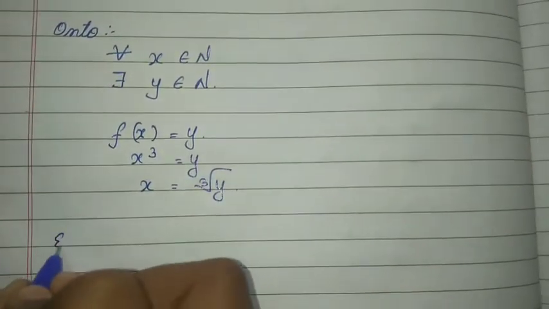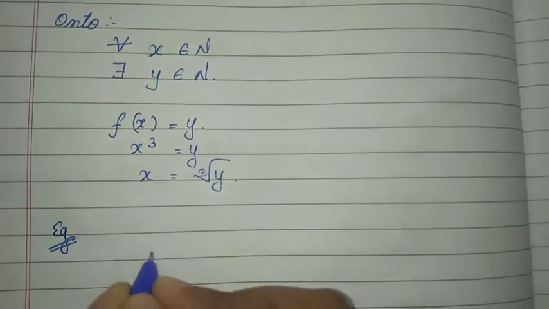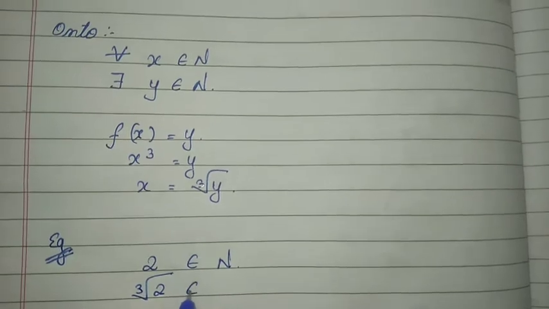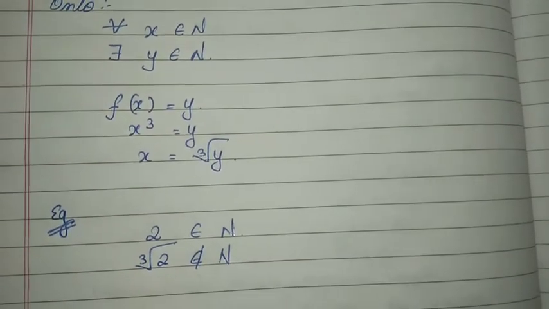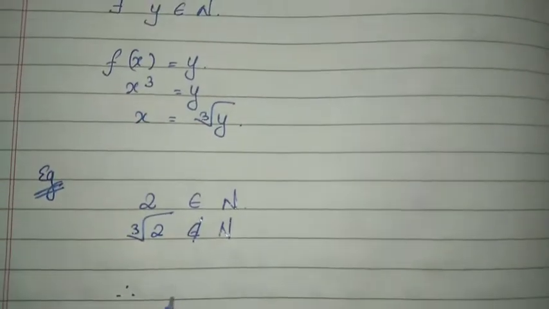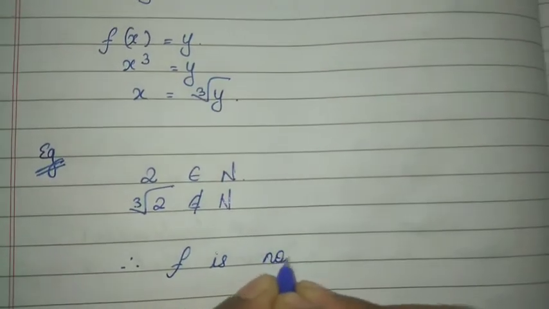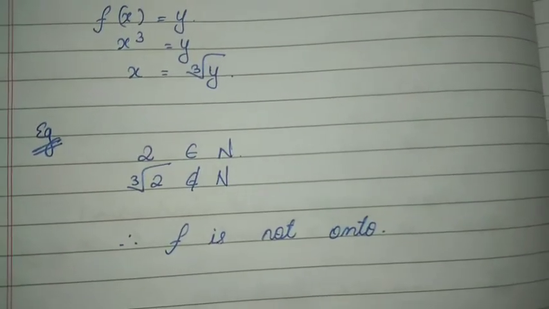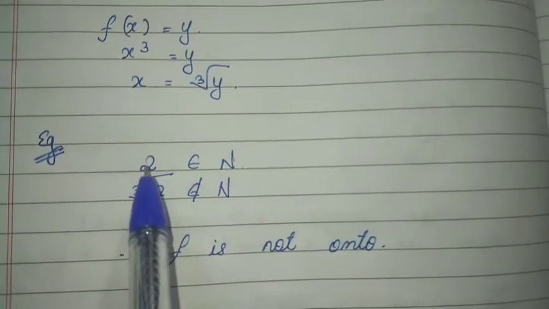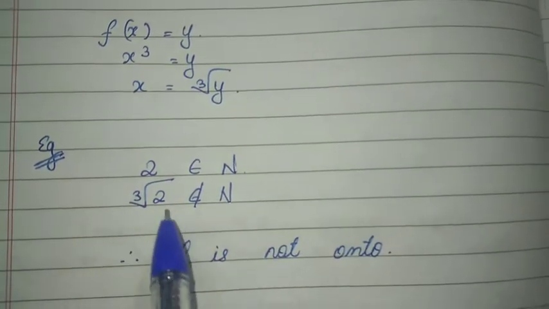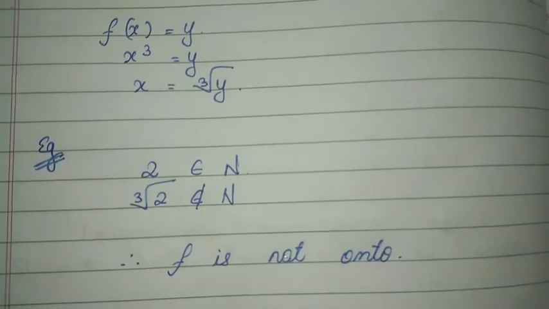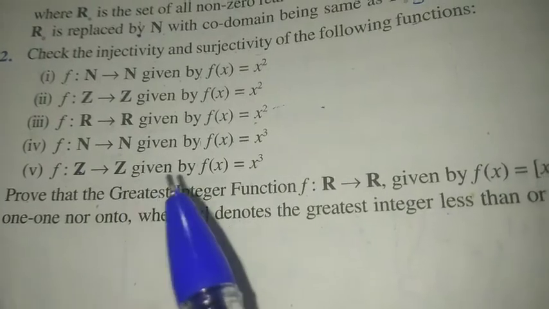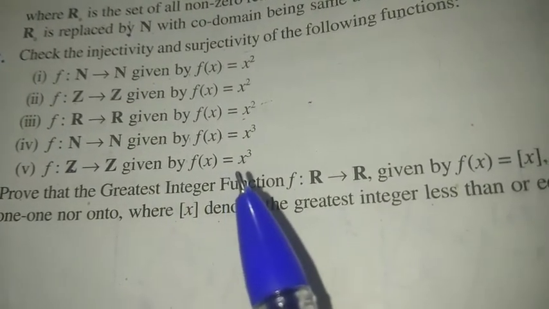So for example, if we take 2 belongs to N, but cube root of 2 does not belong to N. Therefore, we will say that f is not onto. If you want, you can write the statement like this for the previous sum also: 2 belongs to N, but cube root of 2 does not belong to N, that also is correct.